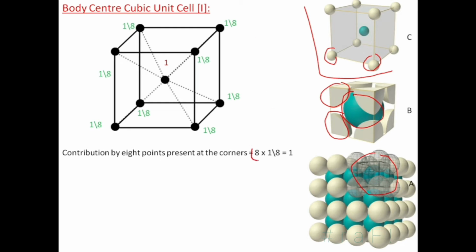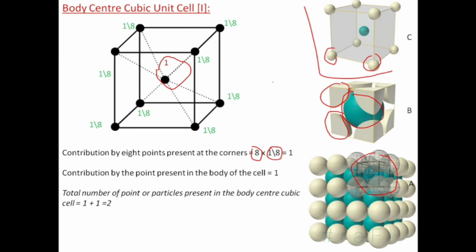This 8 represents 8 corners, and 1 by 8 represents the contribution of the atom at each corner. That is 1. Next, contribution by the point present in the body of the cell is 1. This atom is not shared by any other unit cell. So its contribution is 1. And the total number of points or particles present in the body centered cubic cell is 2.